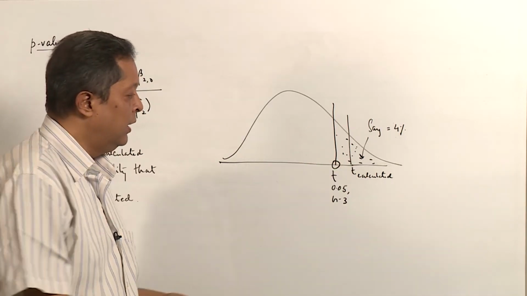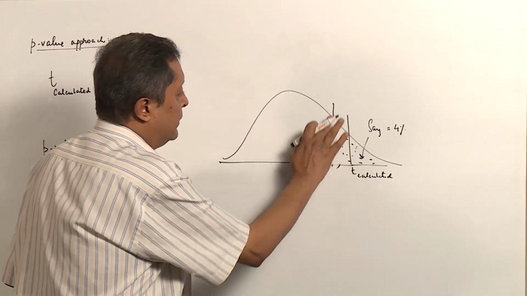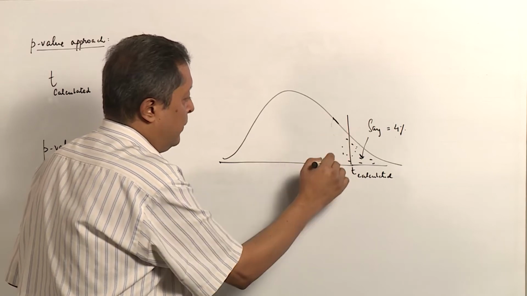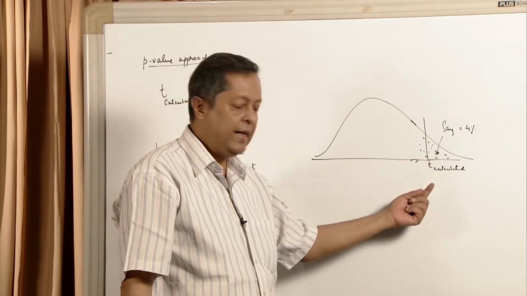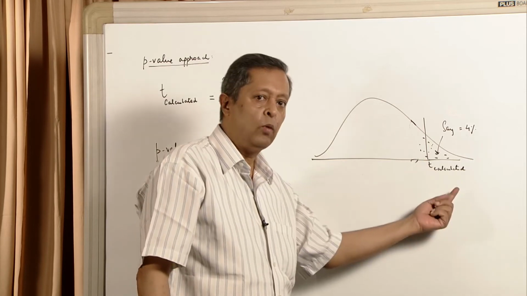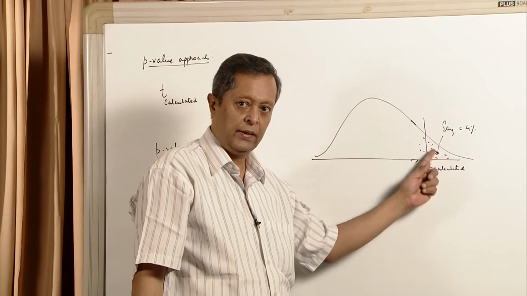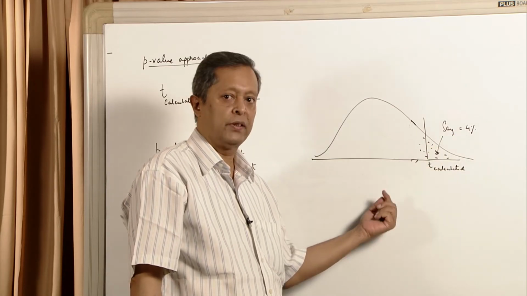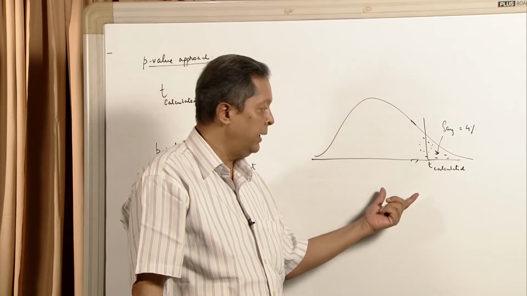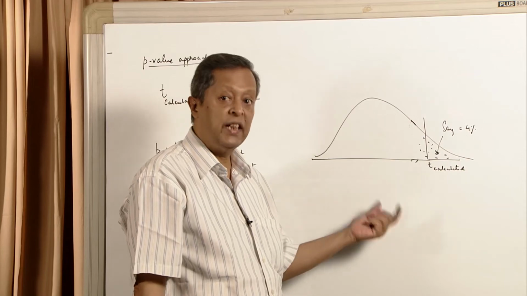Instead of doing that, we do away with this arbitrary critical value and we simply find out the probability of t being greater than what we have calculated on the basis of this sample. So, the smaller this region is, if it is 4%, then we reject the null hypothesis at the 5% level of significance for a one-tailed test. If it is even smaller, all the more reason to reject H naught.